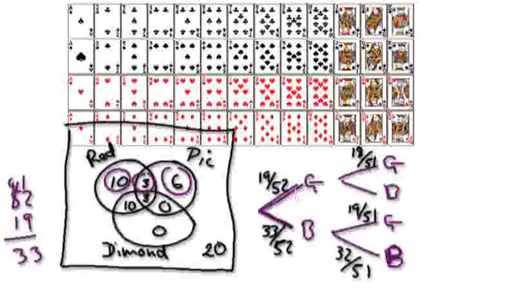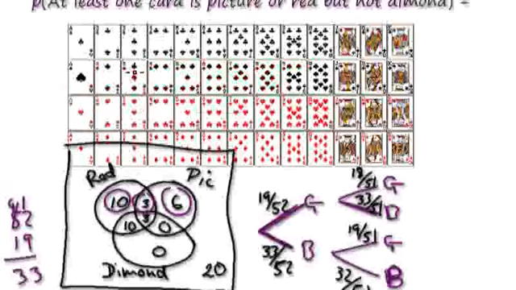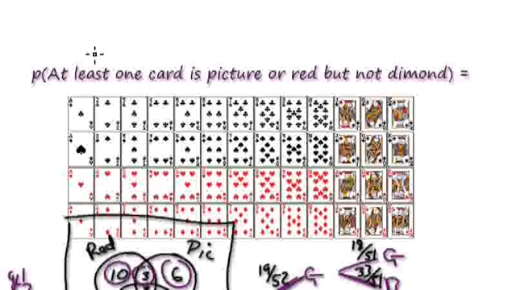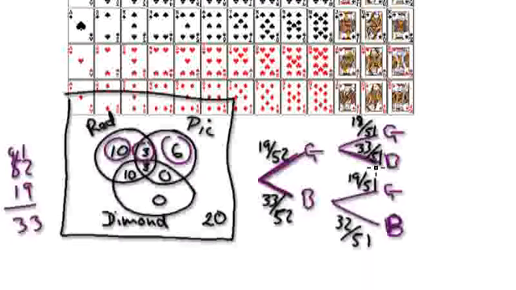Now, after picking a good one, the probability of you picking a bad one would be 33 out of 51. Because the question is saying, will you get at least one of the 2 cards? At least one, meaning you only need one good. Good good would be a good outcome. Good bad would be a good outcome because you only need at least one. Bad good here would be a good outcome. So bad bad would be a bad outcome.